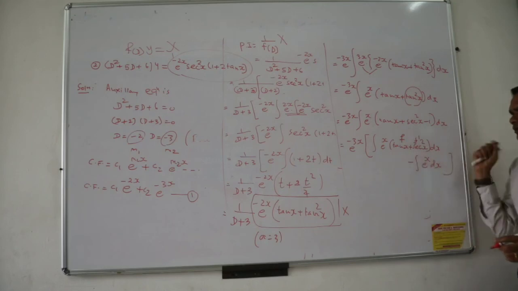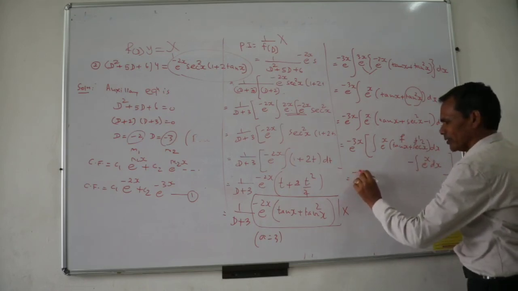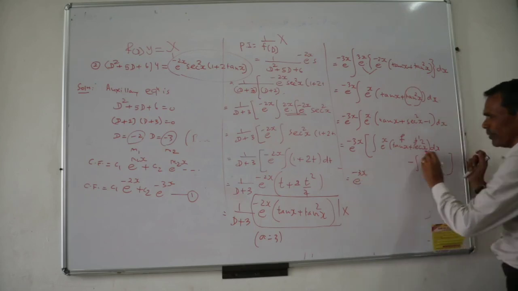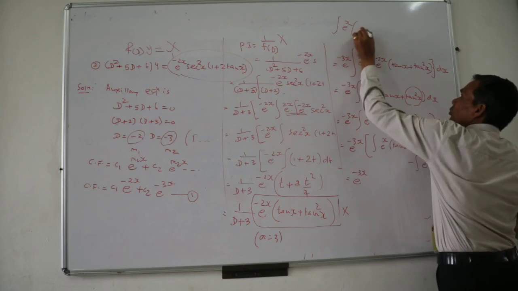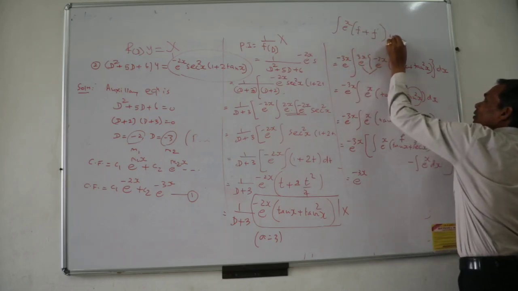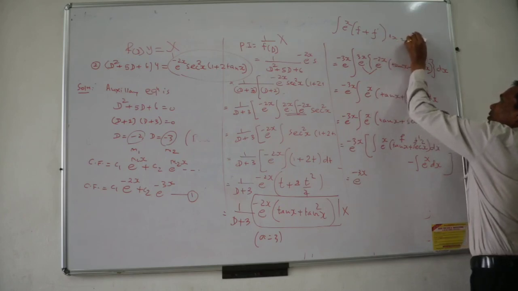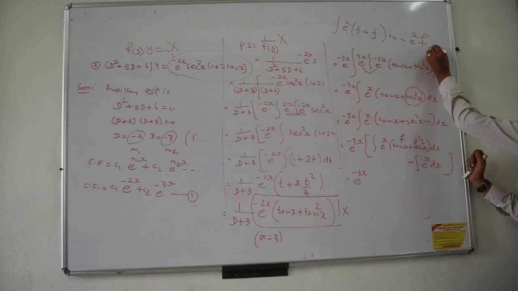So e raised to x, f plus f dash, with e to the power minus 3x outside. And this formula: integration of e to the power x into f plus f dash, where f is a function of x, with respect to x, is e raised to x into f, plus constant of integration naturally.